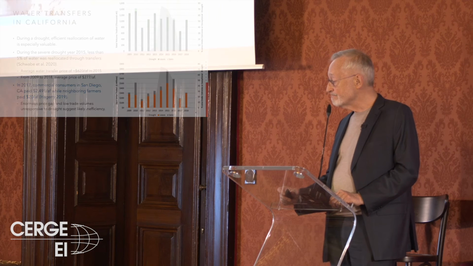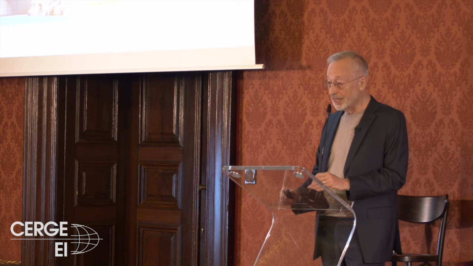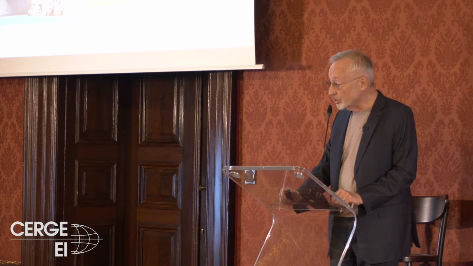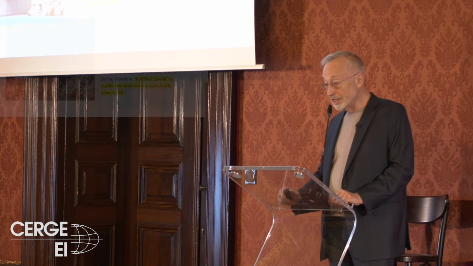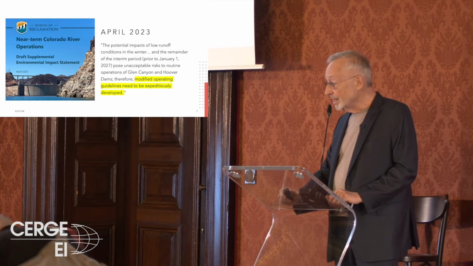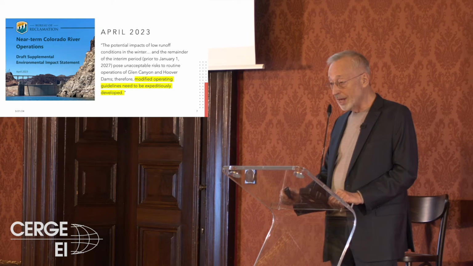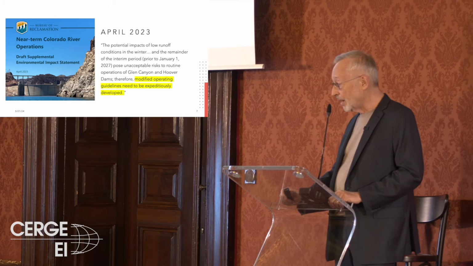Oh, and by the way, the other thing that was going on that encouraged me to get started on this project: in April of 2023, just last year, the drought along the Colorado River had threatened the two huge reservoirs on that river, Lake Mead and Lake Powell.